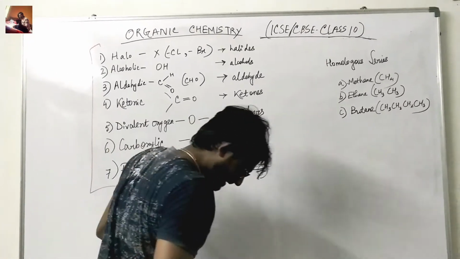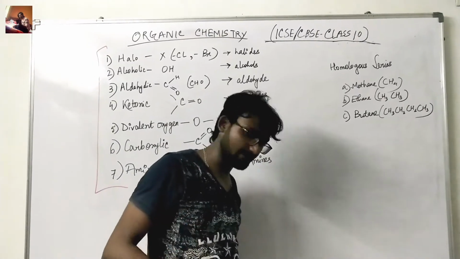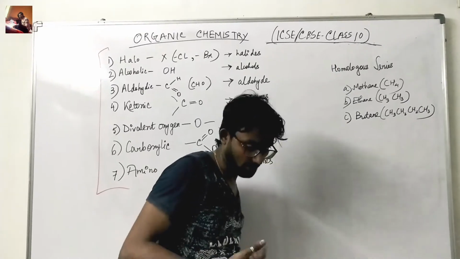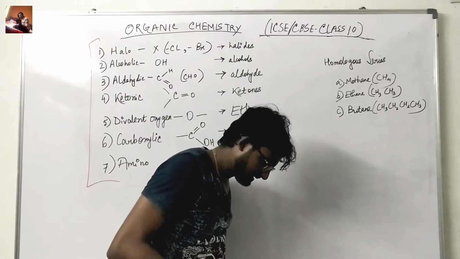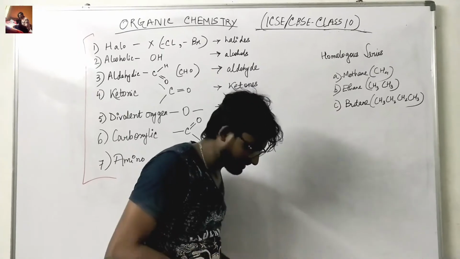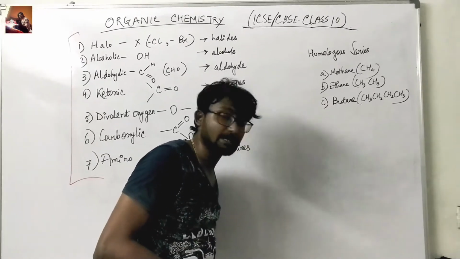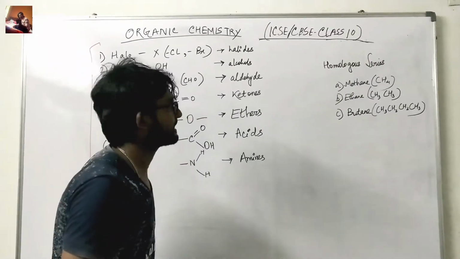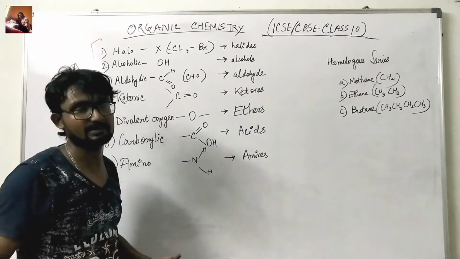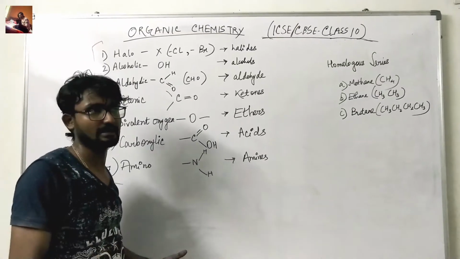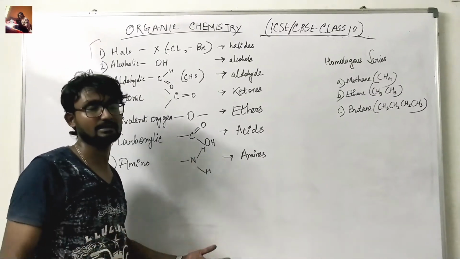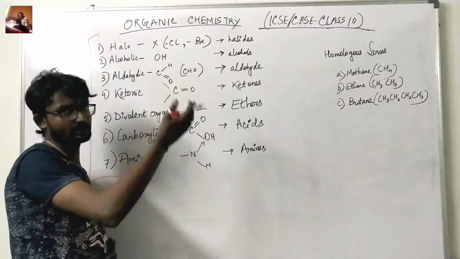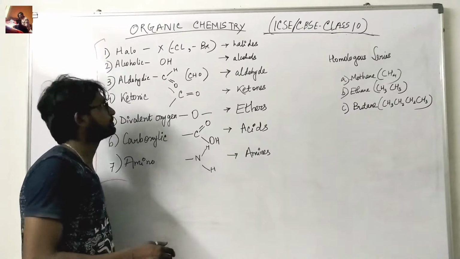A functional group is an atom or a group of atoms attached to the carbon chain of the molecule, which determines the chemical property of the compound. The chemical property means how it reacts with oxygen, or how it reacts with any solvent.